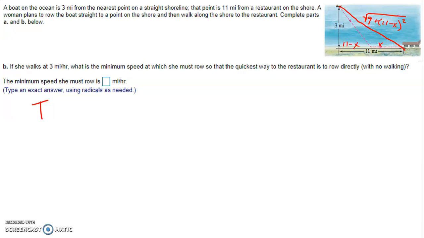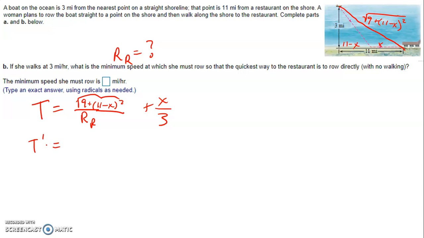Now, we're going to use almost the same equation for our time, but instead of having the rate walking as 2 in the previous example, we don't know what it is. So the equation is the same as before, except instead of dividing by 2, it's still r. So square root of 9 plus 11 minus x squared over r plus x divided by 3. So we start out exactly the same way. Take the derivative exactly the same way.